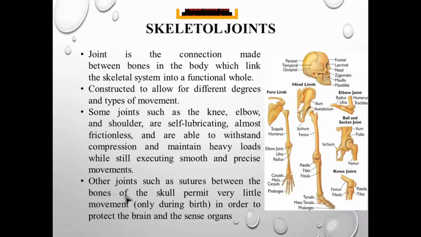The other joints such as sutures between the bones of the skull permit very little movement during birth in order to protect the brain and the sense organs. So that's what I'm telling you. At the time of birth, it will be protected in the moving of the skull.